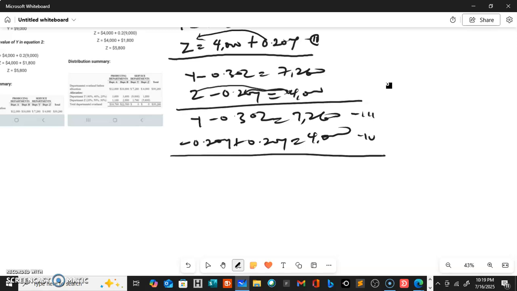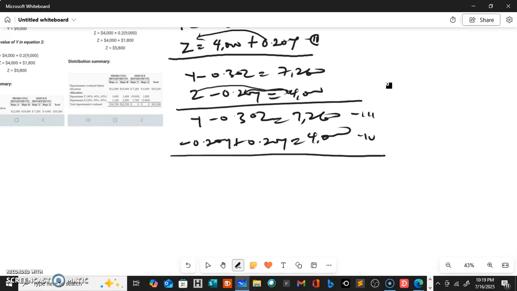So our next step is for us to eliminate either Y or Z. We have 0.20 and 0.30Z.